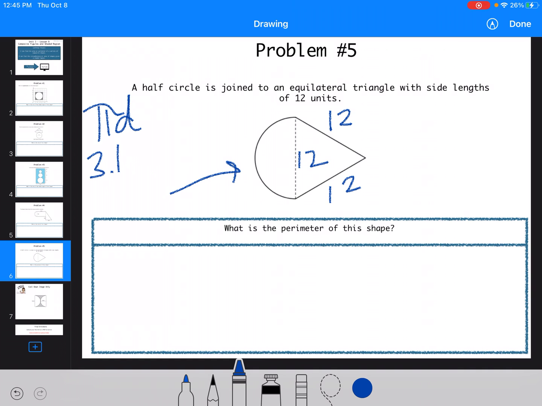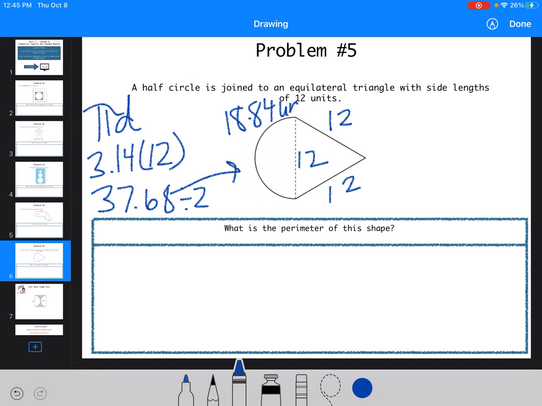So 3.14 times 12. And I get 37.68. Then I have to divide that by 2 because I only have half of a circle. So that's going to give me 18.84, and it's going to be units.